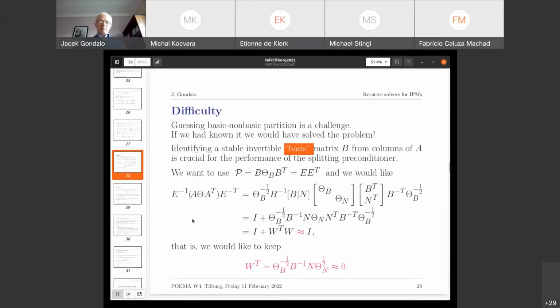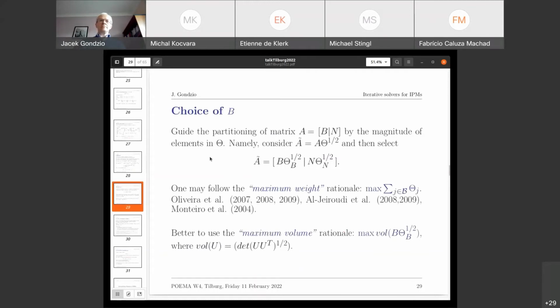So writing everything down in mathematics would give us that using this as a preconditioner for the normal equations gives us such a preconditioned matrix, and this matrix would be close to identity. So that's very good for Krylov methods, as long as the matrix W is small. But how to choose the matrix B, how to choose theta B, that's a slightly problematic thing.